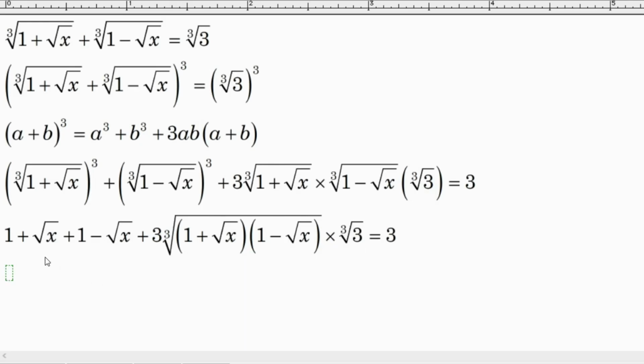Alright, so now we can see that 1 plus 1 is equal to 2. Square root of x minus square root of x, we can cancel out, and then plus, we have this left.